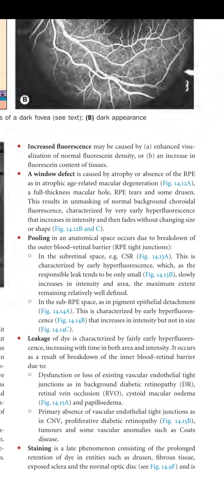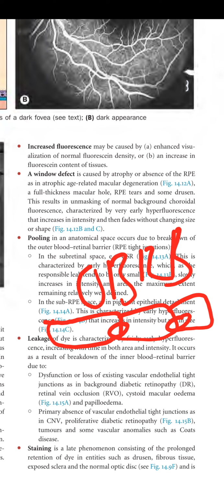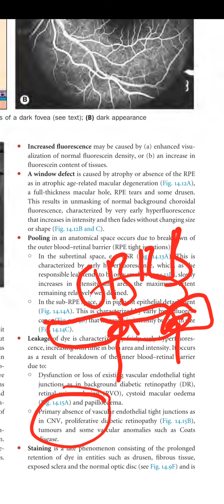So basically, a window defect occurs when there is RPE atrophy. When the RPE is atrophied, there is a disruption in the outer blood-retinal barrier, so one can see the fluorescence show through in that area as hyperfluorescence. It will increase in intensity, meaning it will increase in brightness, but it will fade away without changing size and shape.